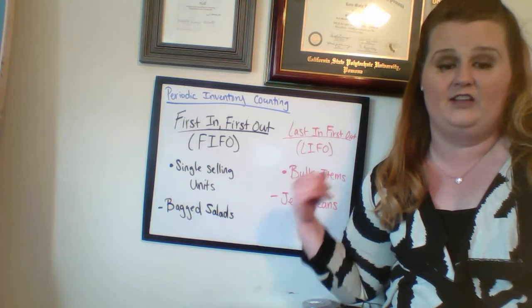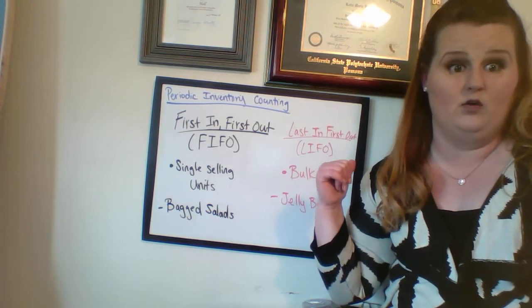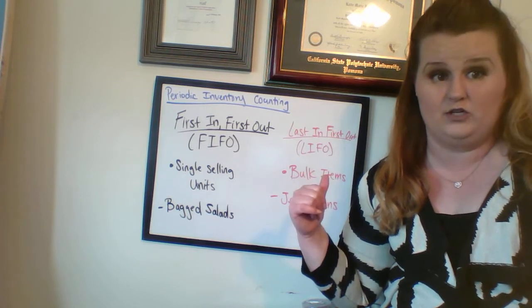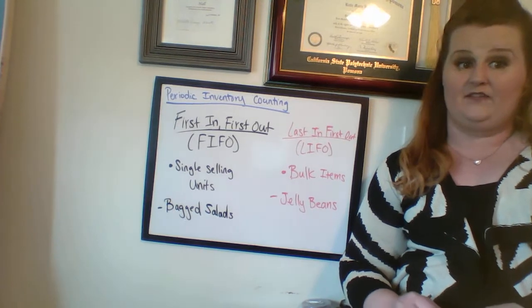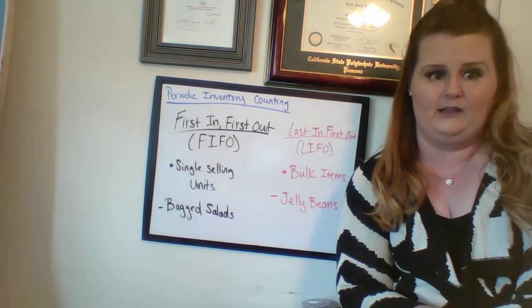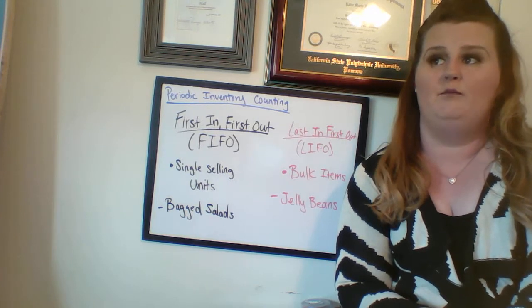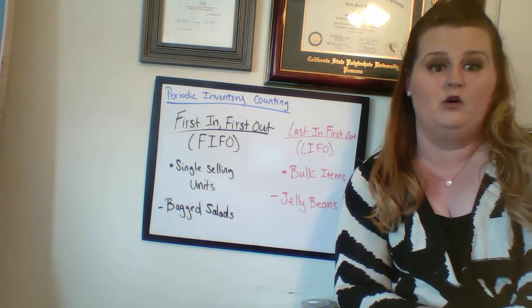The next way that we do periodic inventory counting is called LIFO, last in, first out, right? This idea is when we are selling bulk items specifically. If you've ever gone to a grocery store and seen bulk items, like bulk coffee, bulk flour and sugar, and multiple other items.